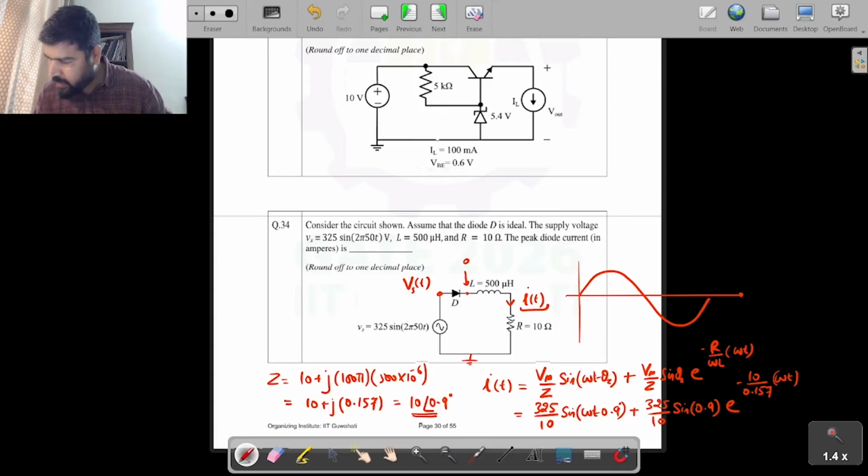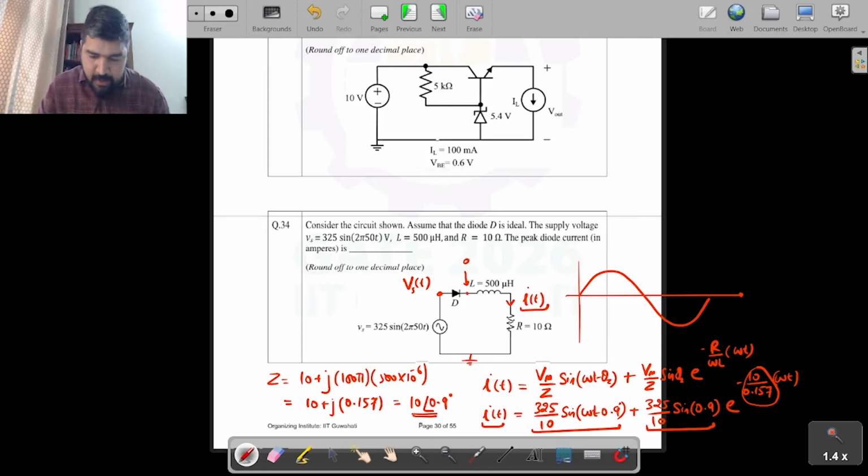Okay. So this is the expression for this current IT. Now you can see that this value is negligible. This value is very negligible. Moreover, this value is very high. So this component will decay at a very fast rate. You can assume that this current is almost this value, and this 0.9 is neglected.